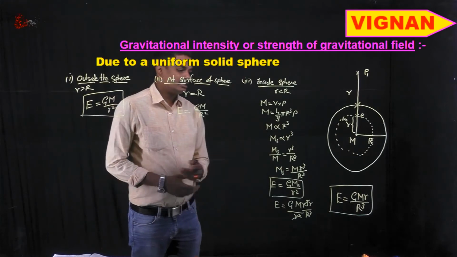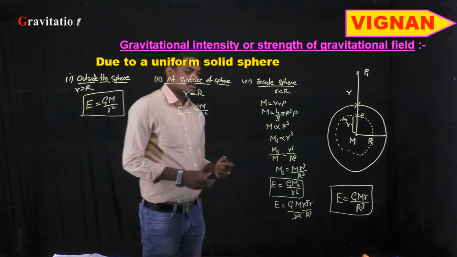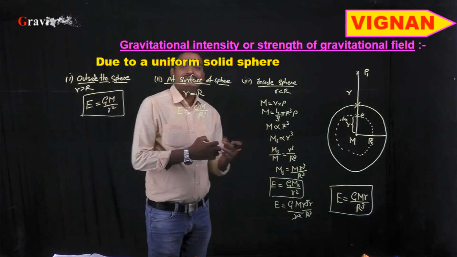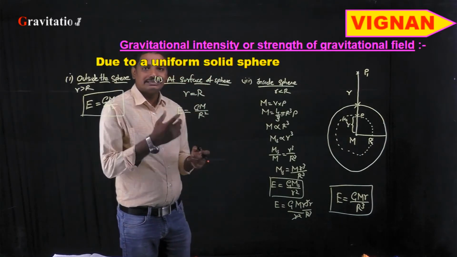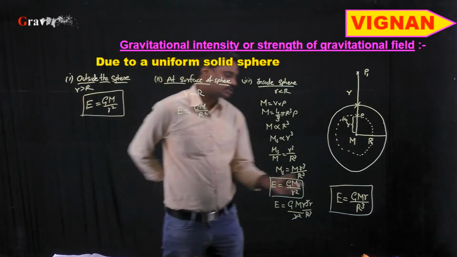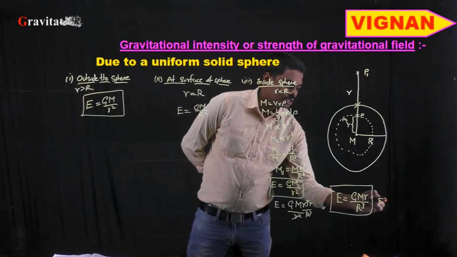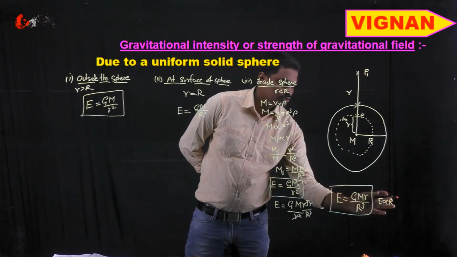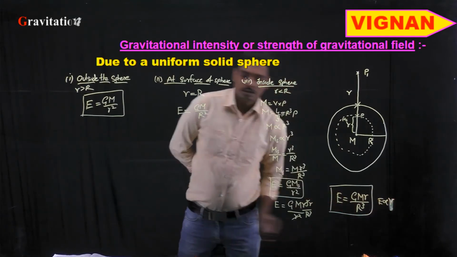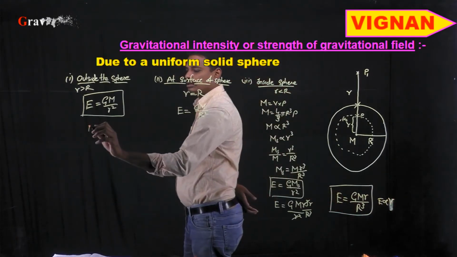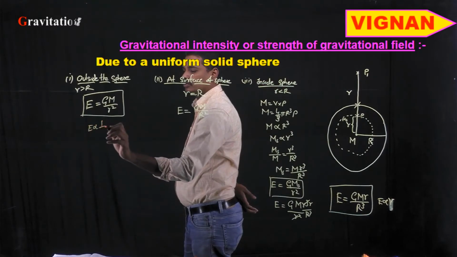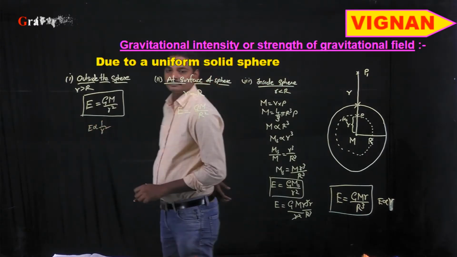So let us see the graph regarding how the intensity of the gravitational field changes with change in the distance. From here, as G, capital M and R are constant, E is directly proportional to small r, and from here E is proportional to 1 by r square.